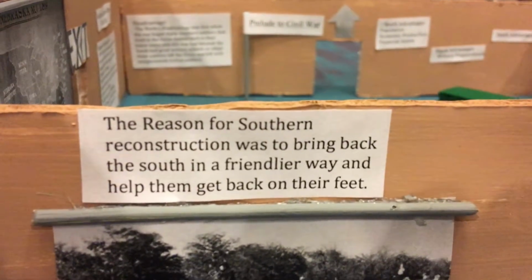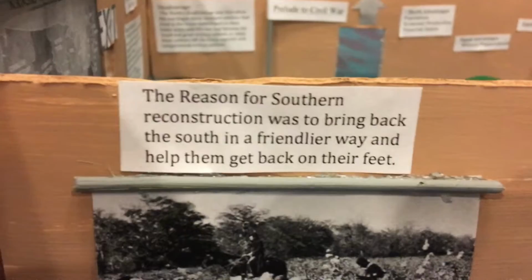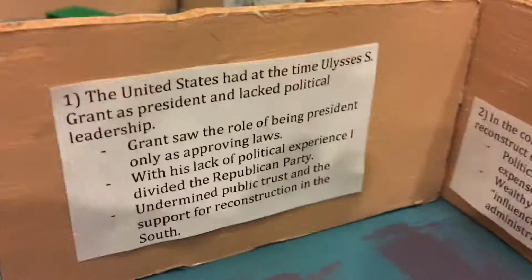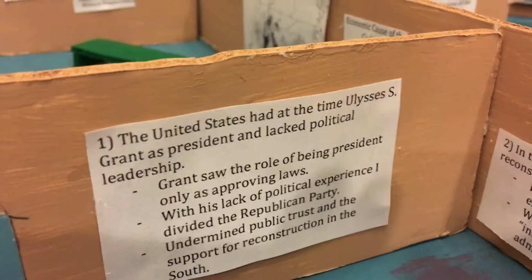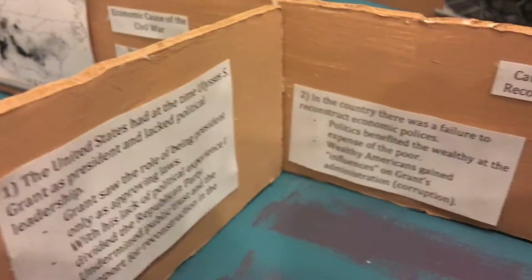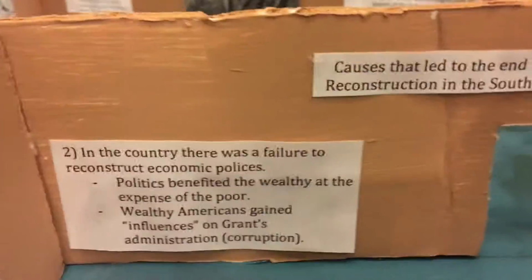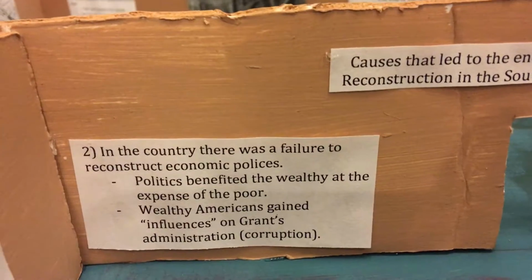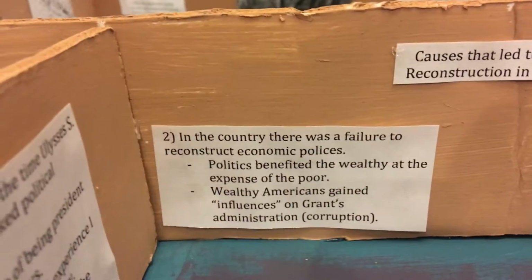Then you have the causes that led to the Reconstruction of the South. One, the United States had at the time Ulysses S. Grant as president, and he lacked political leadership. Two, the country failed to construct economic policies.